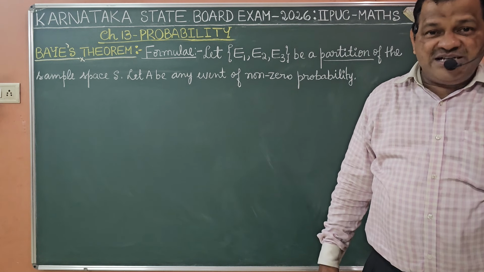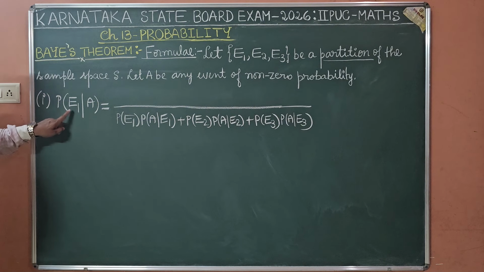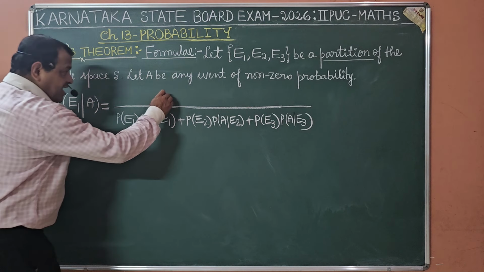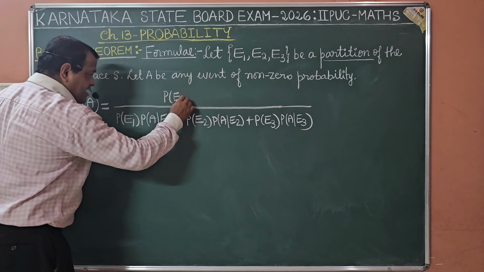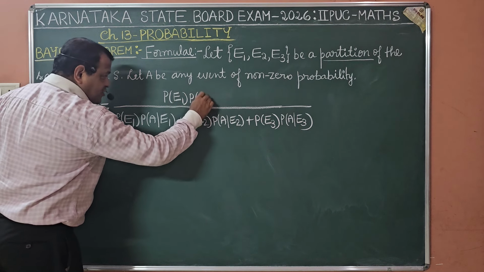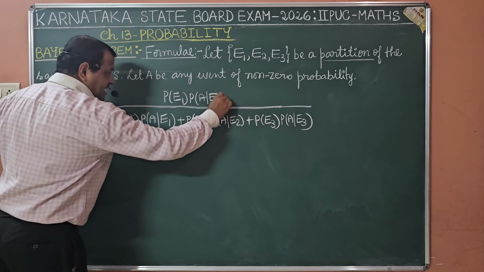The numerator is P of E1 into P of A given E1.